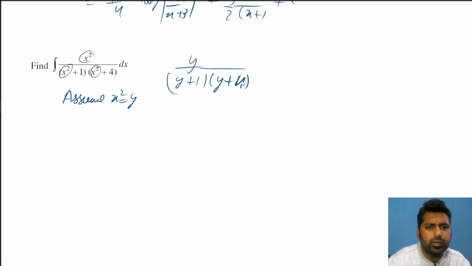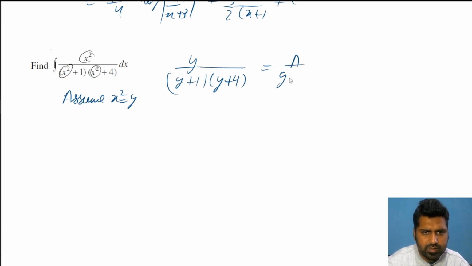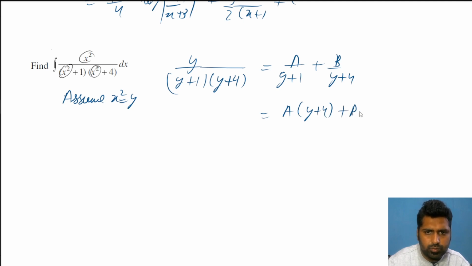And if I tell you, is partial fraction applicable on this or not, what will you say? You'll say yes, because the degree of numerator is 1, denominator has 2 degrees. So I can write this as a upon y plus 1, b upon y plus 4. Same thing, just directly apply the shortcut, a into y plus 4, b into y plus 1.